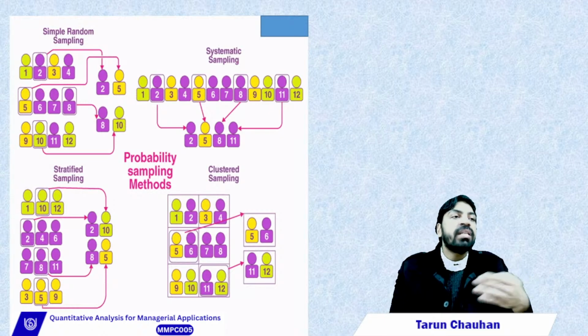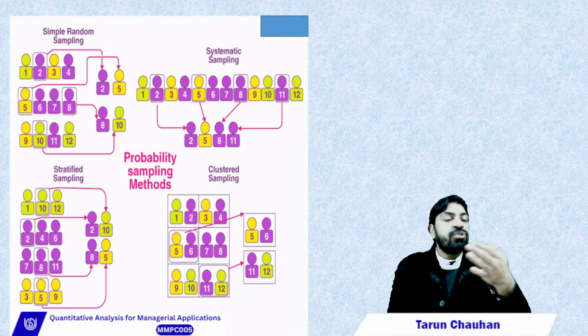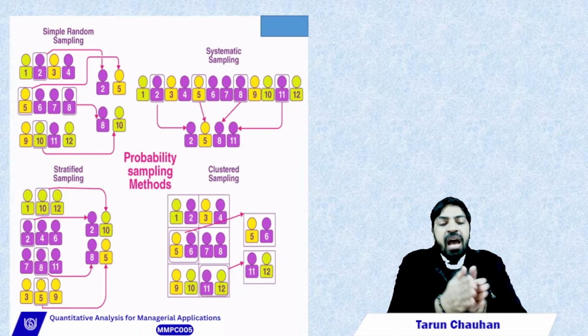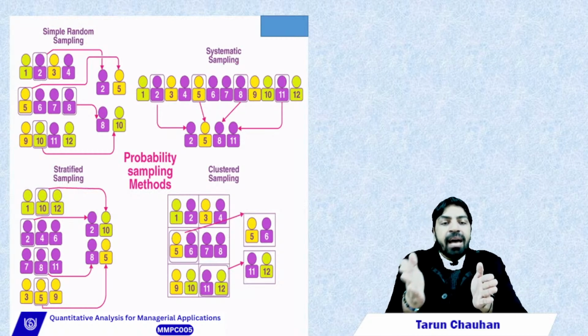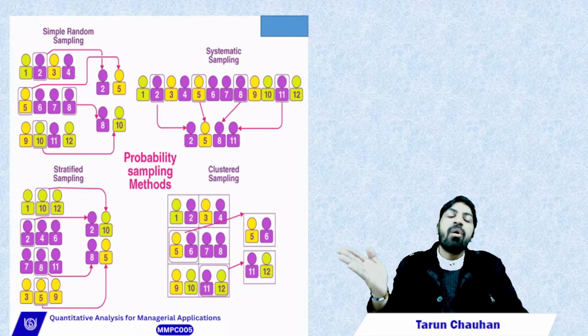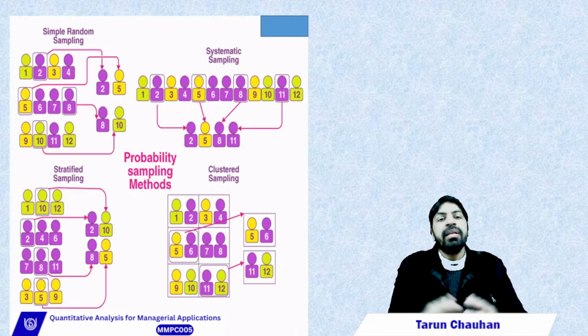If we have chosen 2, then afterwards we choose the 5th item, as there is a difference of 2 samples. Again, we can choose 8, then 11. So here we are selecting the samples in a systemized and organized manner by a fixed difference. So it is called systematic sampling.